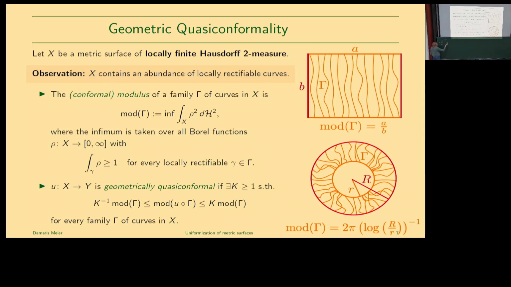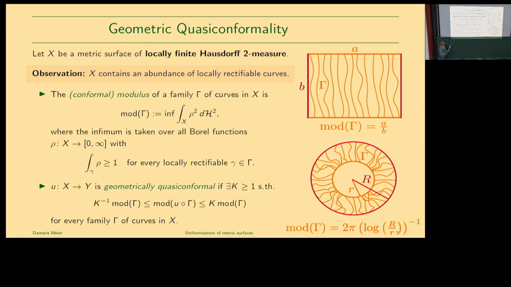And then what we observe is that any curve little gamma in Gamma has length bigger than B. Okay? Now, what we can propose is to take rho as 1 over B. It for sure satisfies the second condition because of that.